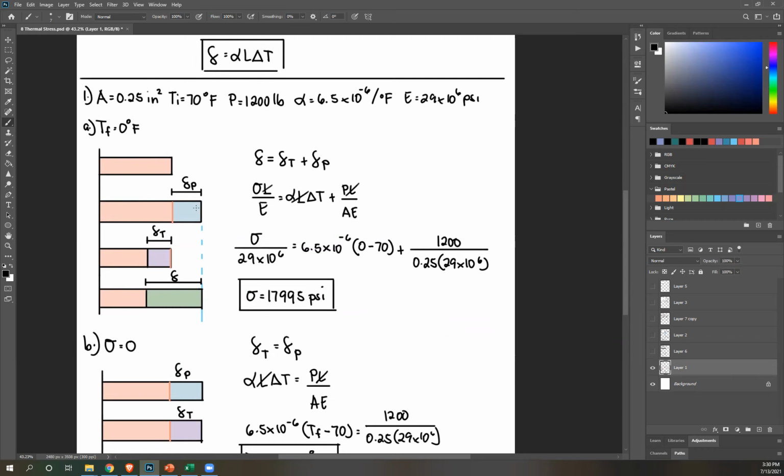It's stretched out to this point, and then it also shrunk to this point, and then in order for this to go back to its original position, it's gonna be stretched out again to this point. Okay, so this is your final returning force. The force that is needed to make it go back to its original position. It's in tension. Therefore, the stress being experienced by the system is also in tension. Okay, so that is what I mean.